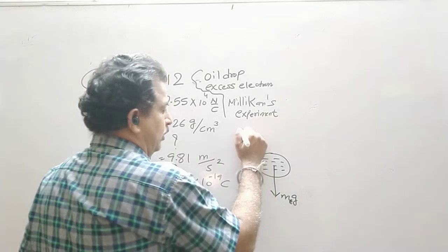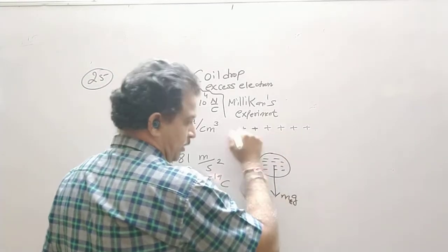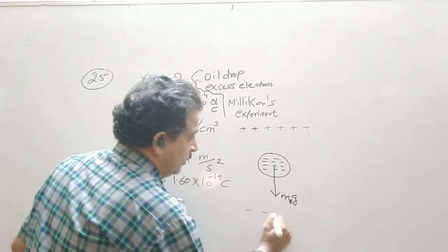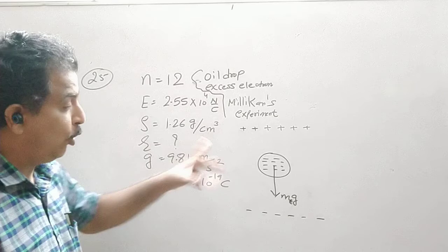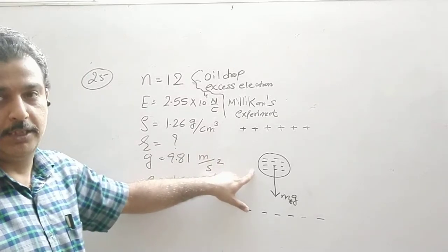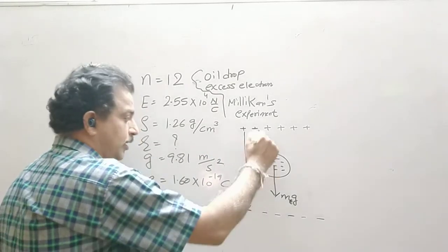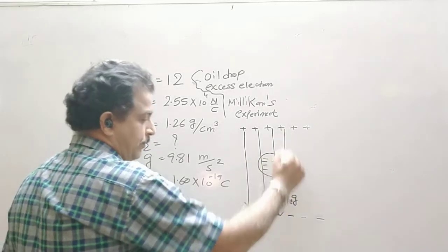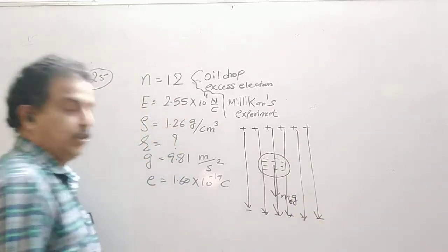So I draw the upper plate positively charged, and the bottom plate negatively charged, in order to hold the drop stationary. We know the electric field line is from positive charge to negative charge. So this is the field. If direction is asked, the field should be in the downward direction.